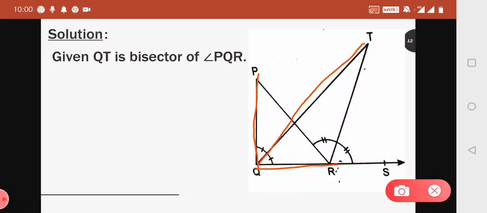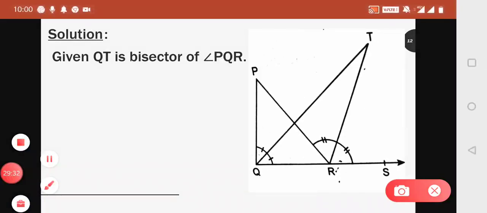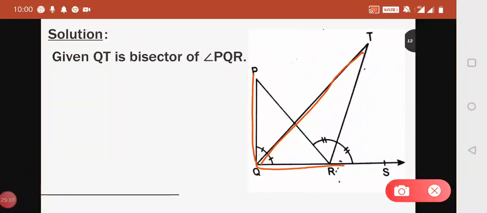So if QT is the bisector of angle PQR, we will get angle TQR as half of the whole PQR.